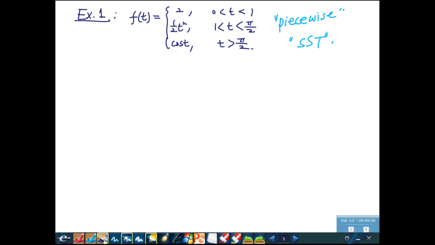Let's do it. So f of t is 2 times 1 minus u of t minus 1. You know that this is u of t, right?